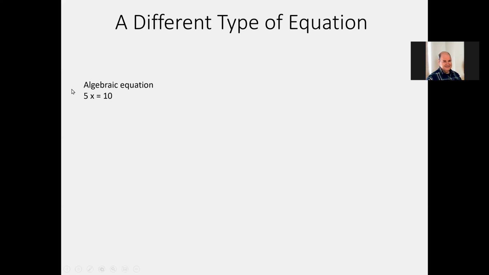Here's an equation which we're very familiar with, an algebraic equation, 5x = 10. This is a statement about the number x, right? It says that 5 times some number is equal to 10. And the solution is obvious. 5 times 2 is equal to 10. The point is the equation says something about x.